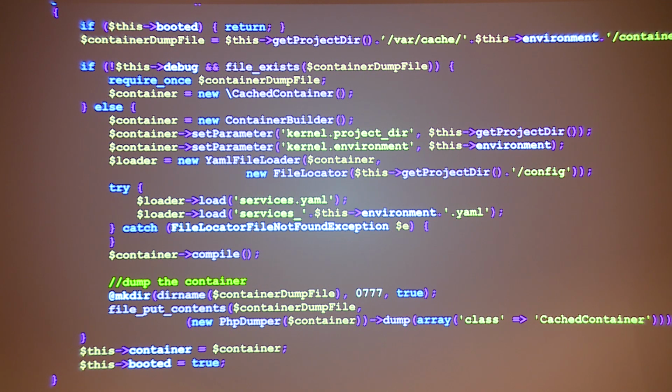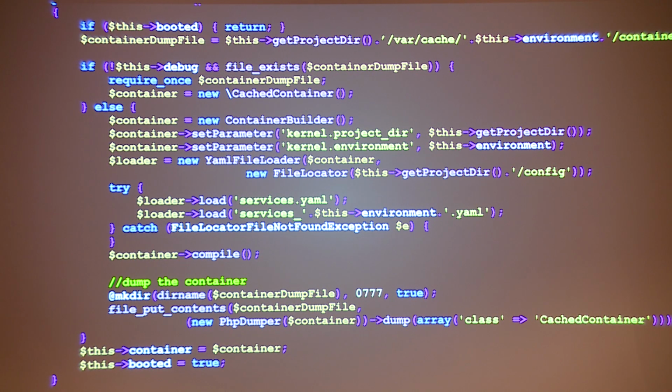I start building the container. When I'm building the container, I add a container builder. I add some parameters, which I think is good to have, like project dir and environment. Then I add a file loader with a YAML loader, so I can import a YAML file into my kernel, into my container, so my services can be defined in a YAML file and the container knows about them.